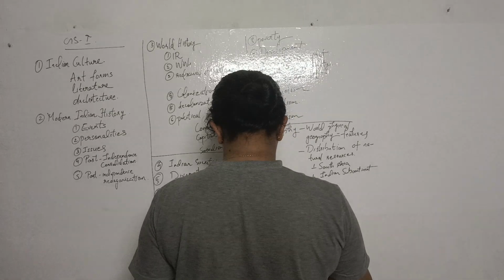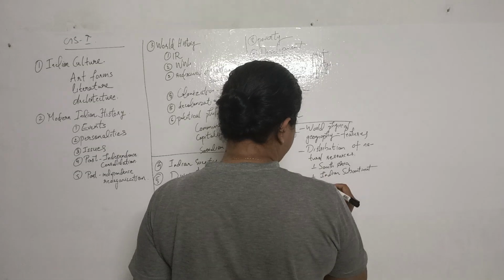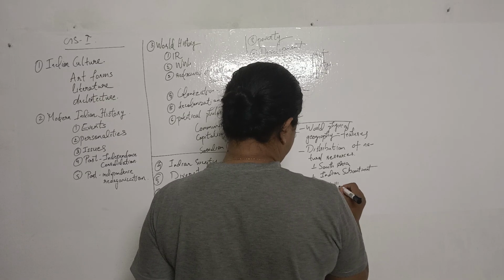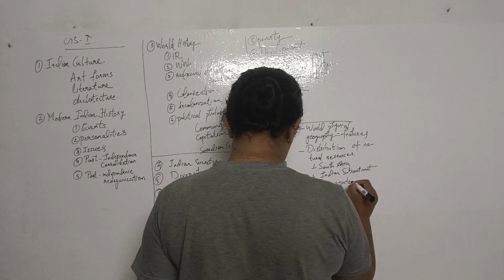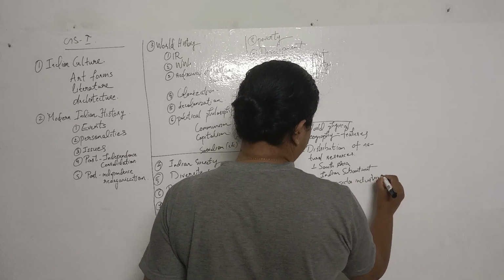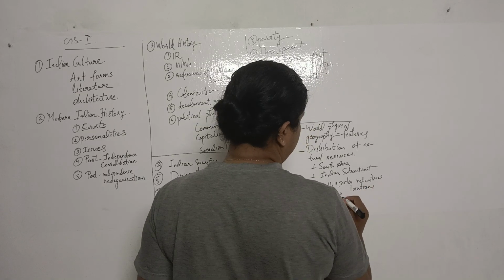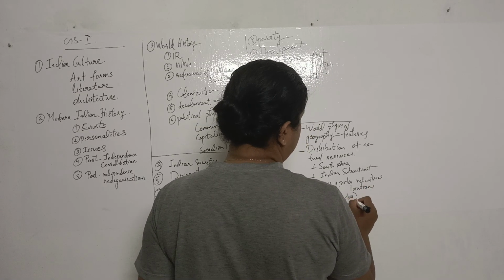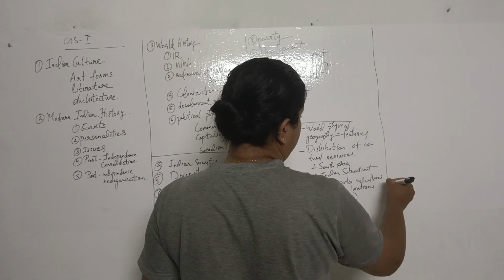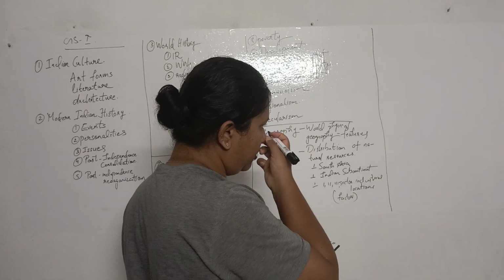Then we have to focus on the location of industries, like the first sector, second sector, and third sector, and what the factors of these locations are. So it's actually complete geography that comes here, world geography. So that's about world geography.